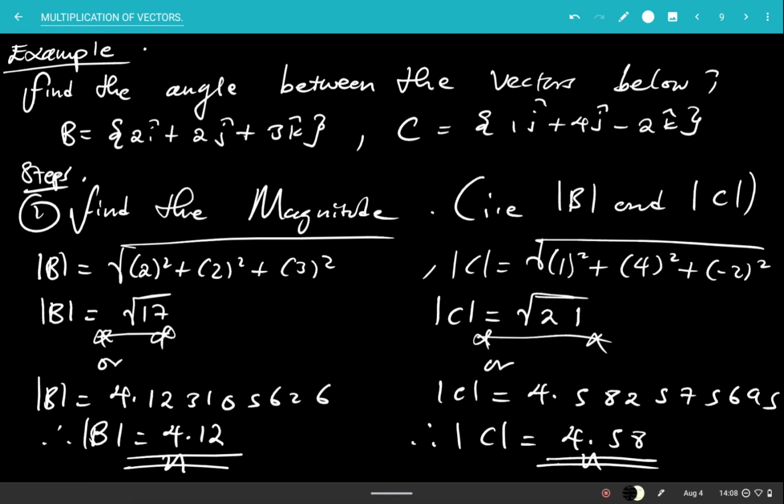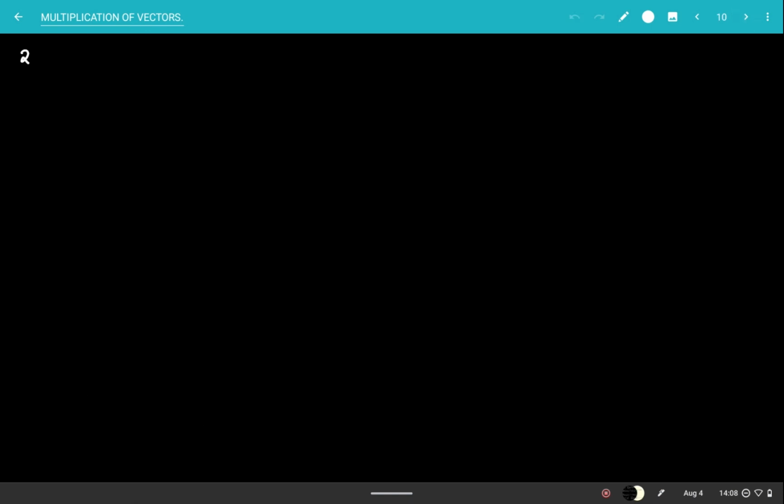Once we find the magnitudes of B and C, the next thing we're supposed to do is apply the dot product.